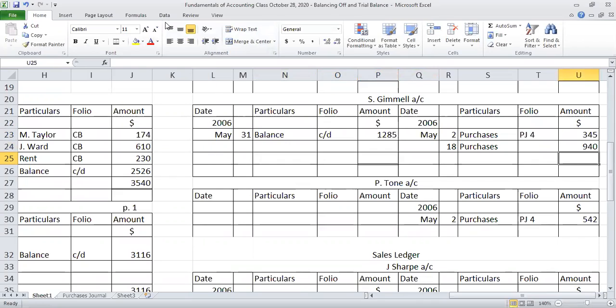Put in a single and double line, 1,285 and 1,285. And then below, you bring it to the upcoming month, June 1, balance BD, $1,285.